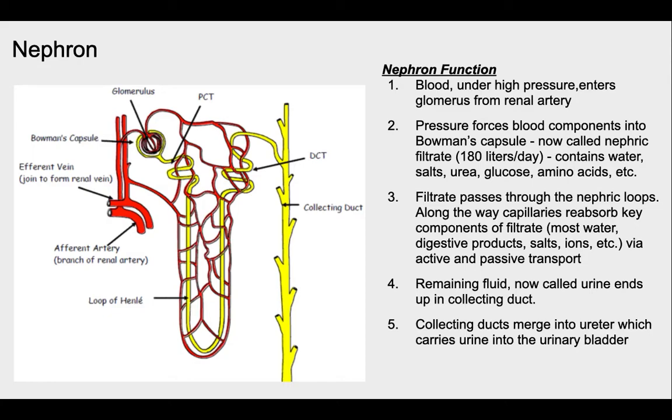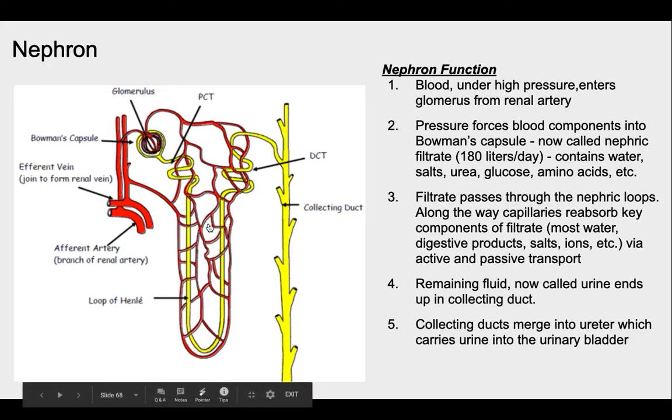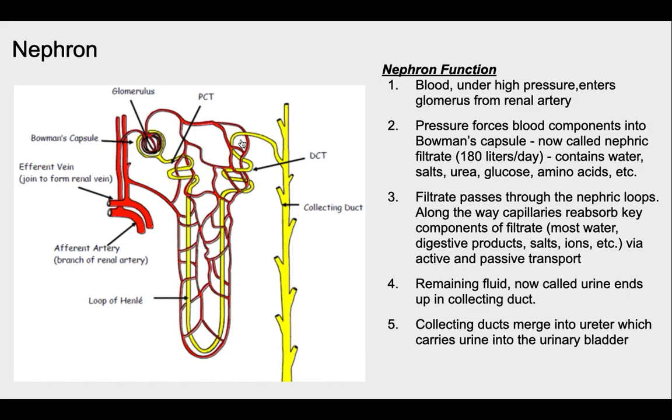That filtrate doesn't contain the blood cells. They stay in the blood, but it contains a mixture of water, salts, urea, glucose, and amino acids, which is going to travel this pathway that's shown in yellow on this slide. This is the pathway of the nephron. It's made of a couple of different sections.